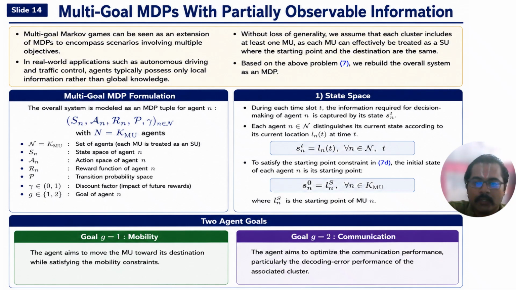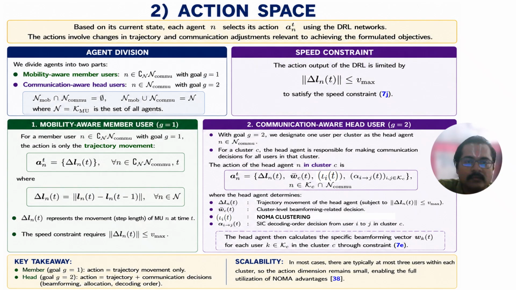In goal two, we try to minimize the decoding error probability. What are my actions? We have two agents, one is the mobility aware agent and the other is the communication aware agent, for goal 1 and goal 2.